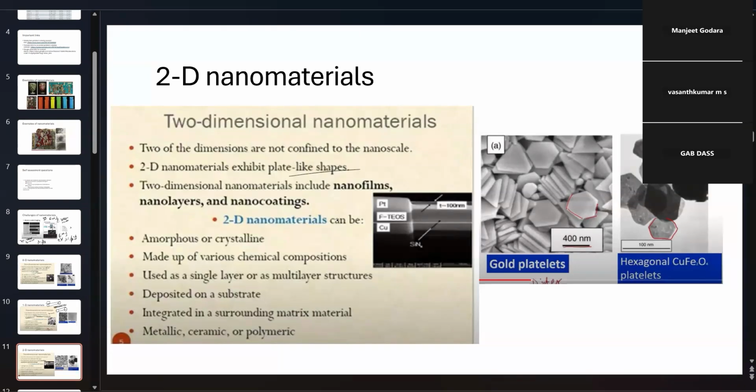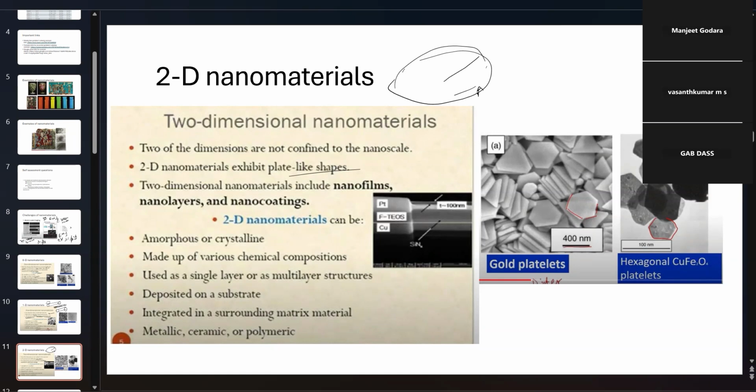So they exhibit a plate-like shape. Like a plate in your home, a big thing, but the thickness is very small compared to the diameter. Examples are nanofilms, nanolayers, and nanocoatings.